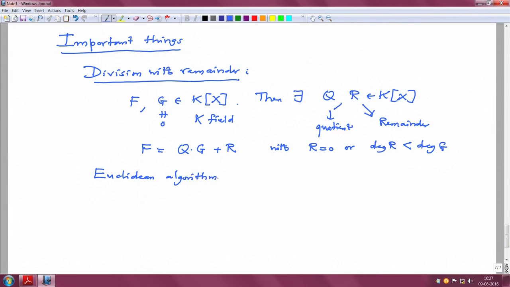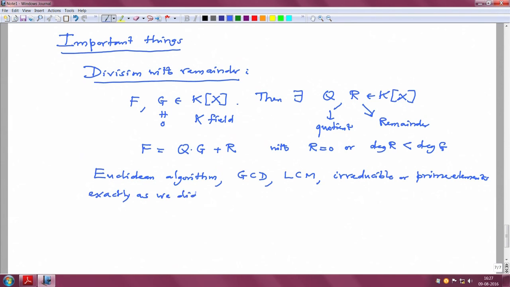You can define what is a GCD, you can define what is LCM, also you can define what are irreducible or prime elements, exactly as we did in the case of integers.